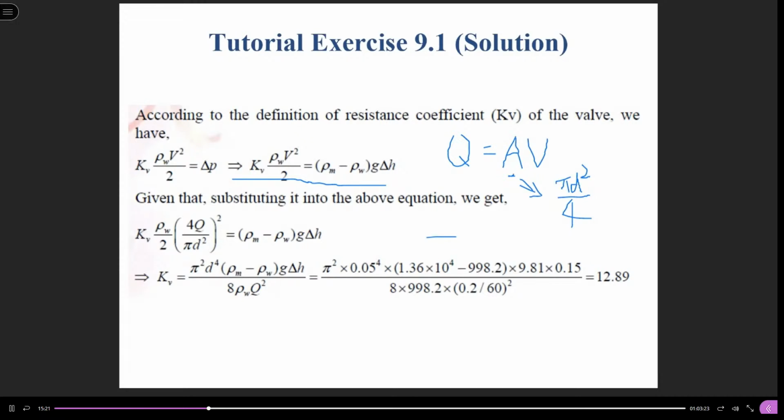So the correlation between velocity and flow rate can be expressed by this equation.